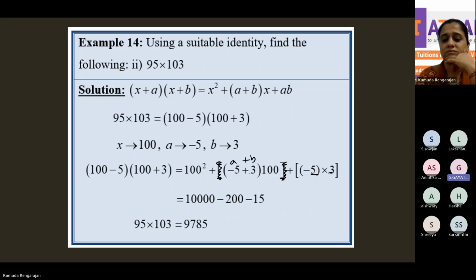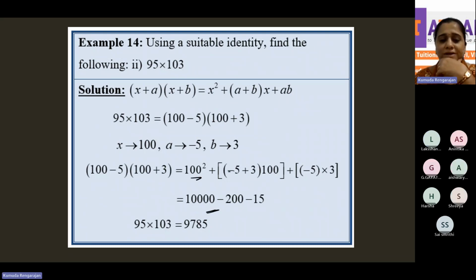Somebody's mic is enabled. Disable your mic. So 100 square is here, and here minus 5 plus 3. What is minus 5 plus 3? Minus 2 into 100, minus 200, and then minus 15.